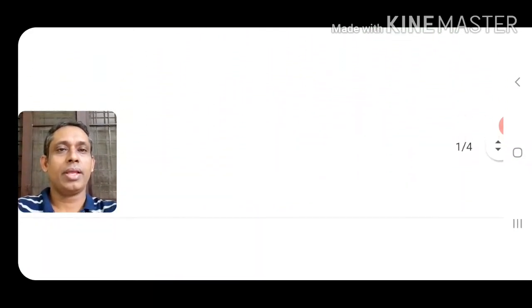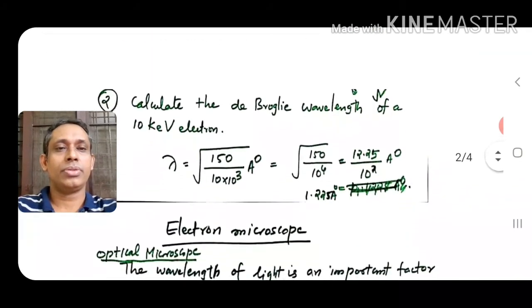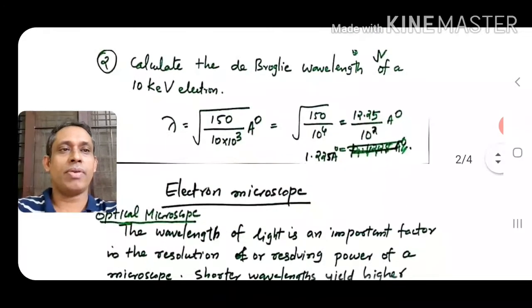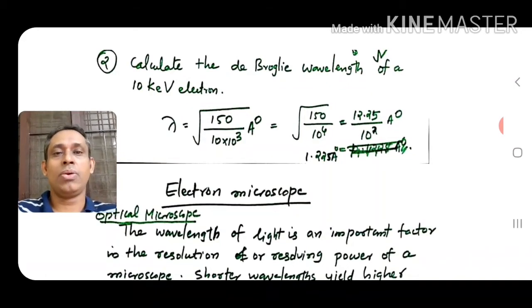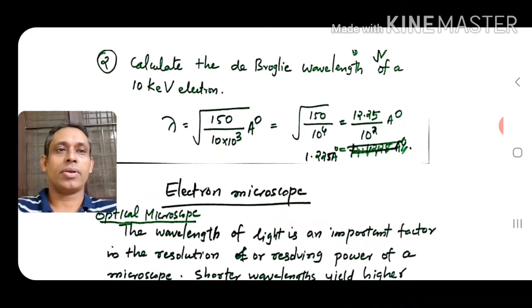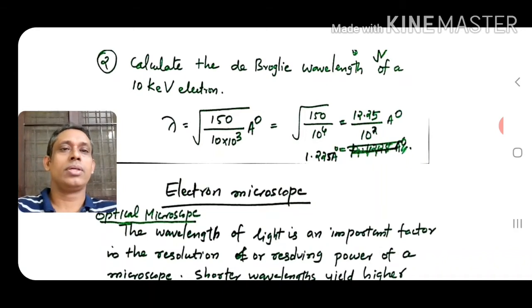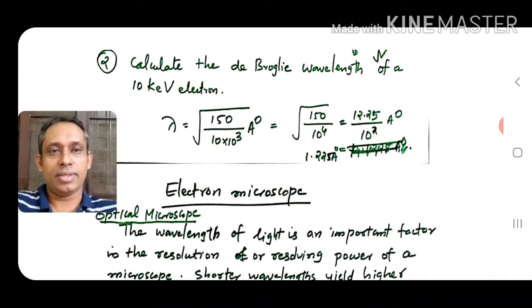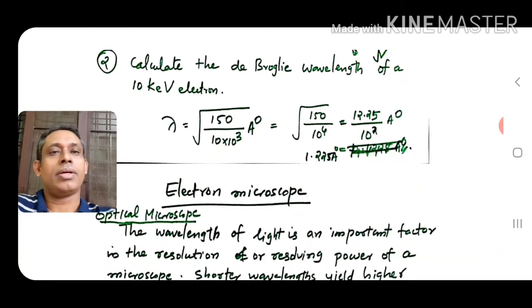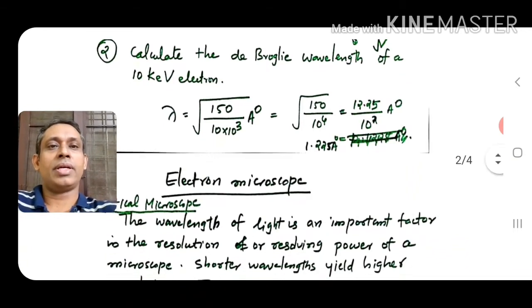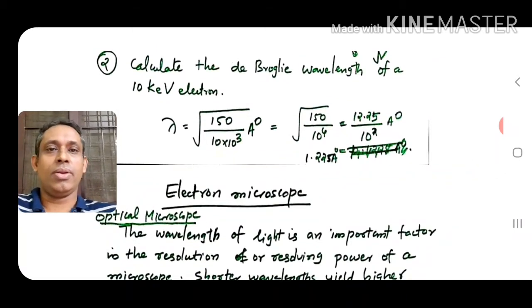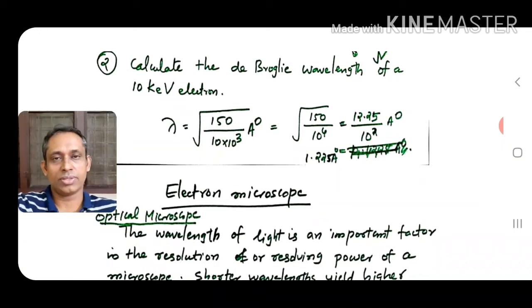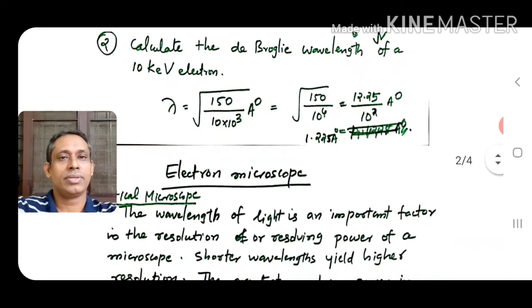Okay. Now, using this, we are calculating the de Broglie wavelength of a 10 kilo electron volt electron. The voltage is directly given as 10 kilo electron volt, that is 10 into 10 raised to 3, which we substitute. So you get 12.25 over root of 10 into 10 raised to 3.